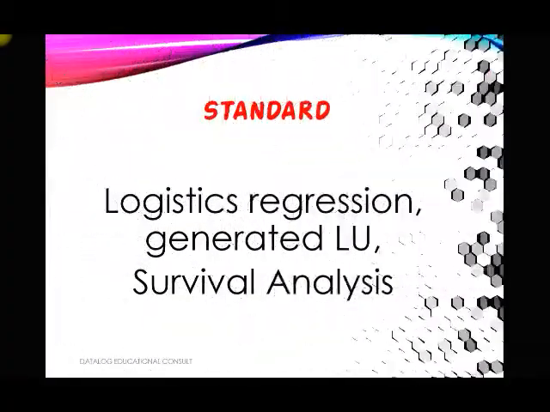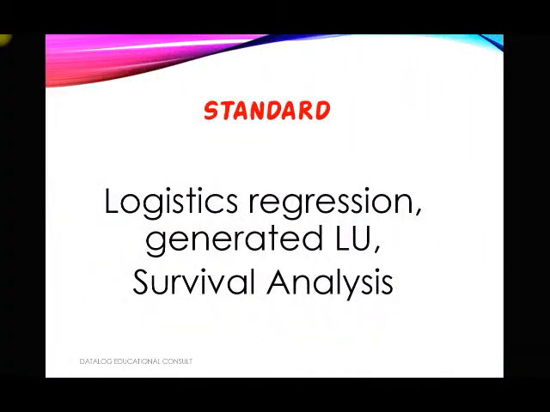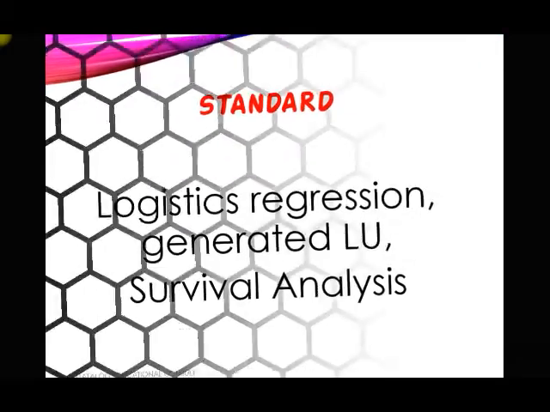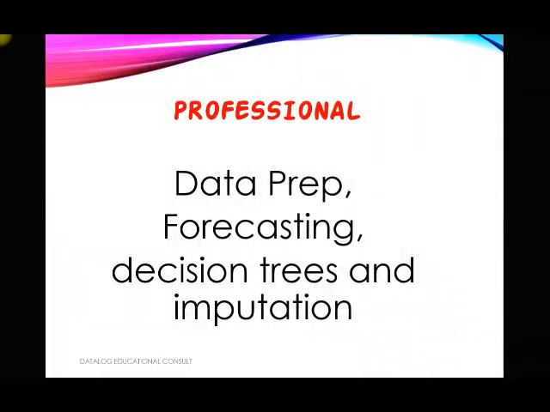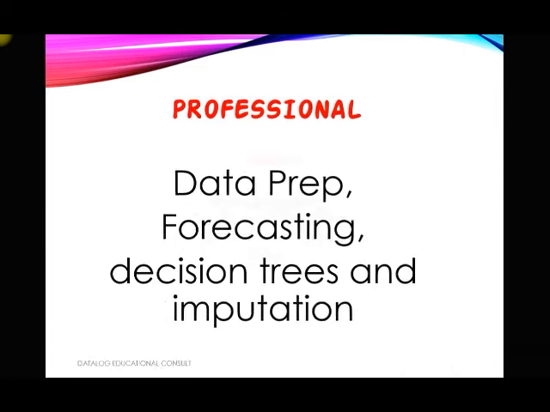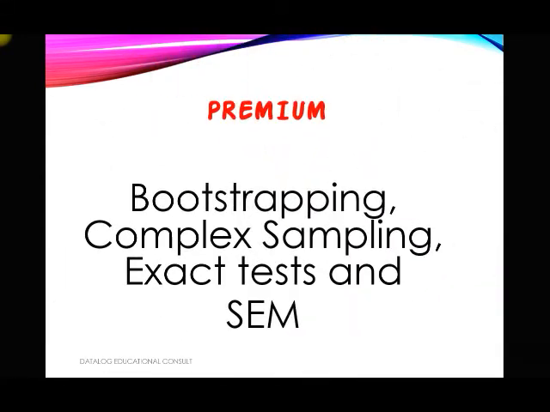Under Standard, you can run logistic regression, generate GLMs, and do survival analysis. In Professional edition, you can do data prep, forecasting, decision trees, and imputation. While in Premium, you can do bootstrapping, complex sampling, exact tests, and SEM.